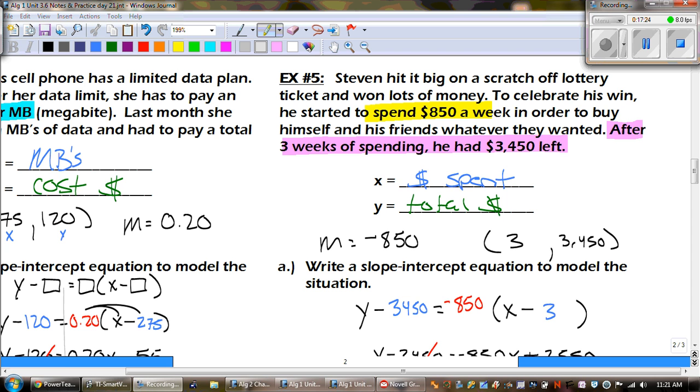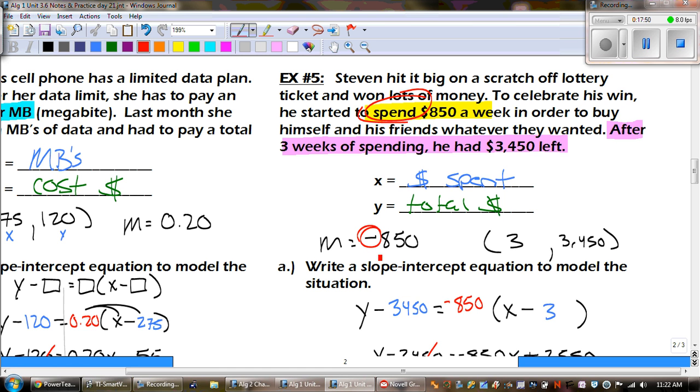Okay, so I know this was kind of tough because they're talking about money for X and Y. X is the total amount that he spent and Y is the total money that he has. Remember that he's spending money, it says it right there, so is that positive or negative?